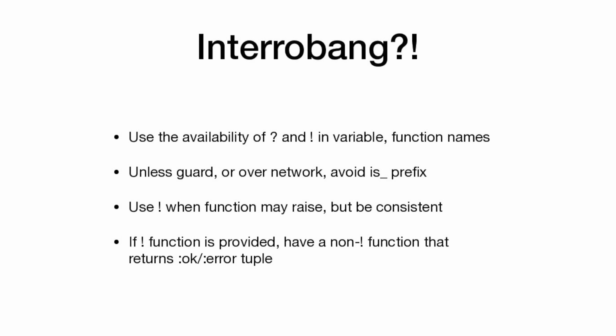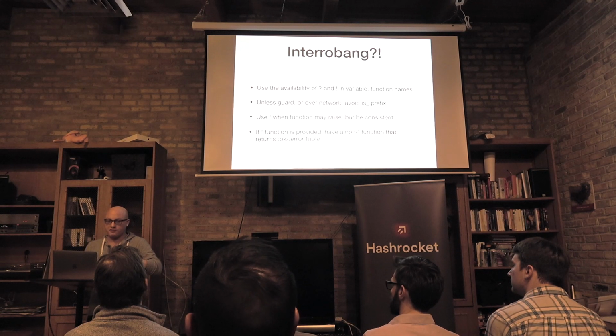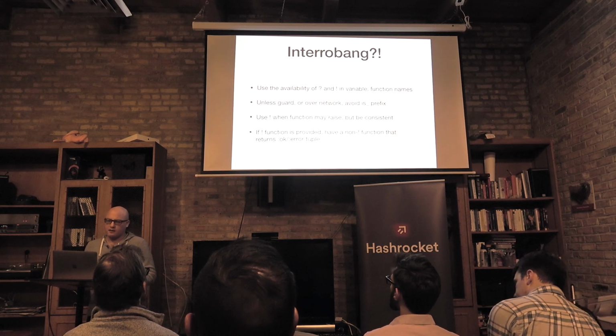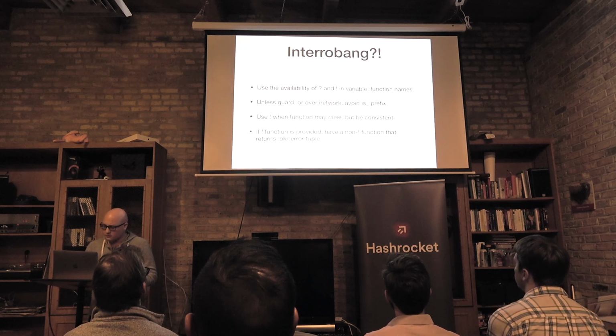Often what you'll see is that the bang function will call into the OK/error tuple version, and if it ever gets the error case, it'll just raise an exception. That's usually the pattern that you see across the standard library.